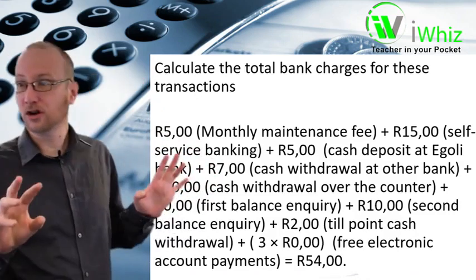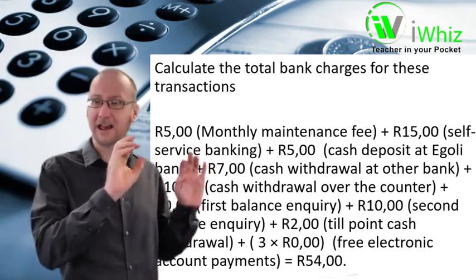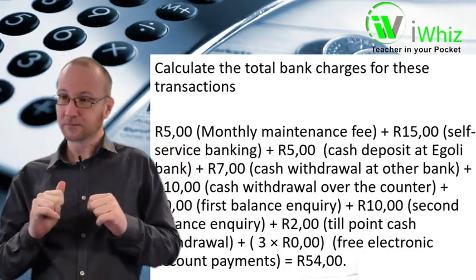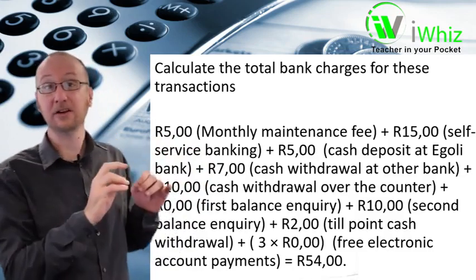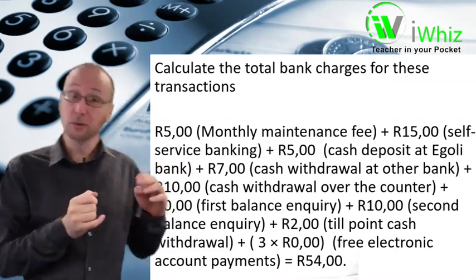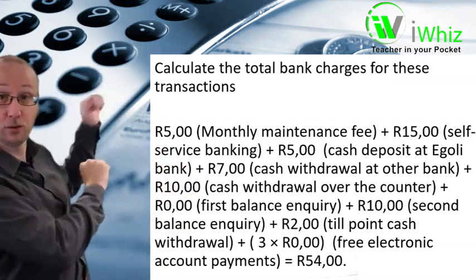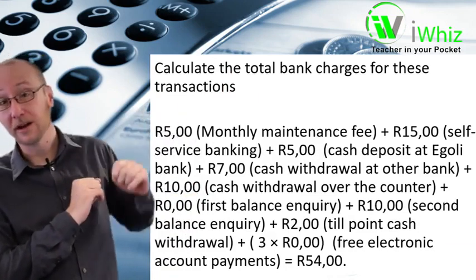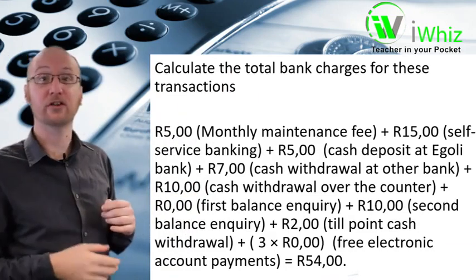He then is charged 5 Rand for a cash deposit at Egoli Bank. So we put that in there. And 7 Rand for the cash withdrawal at another bank. So you see what we're doing is we're taking the information given to us in the writing and we're getting the amounts from the list of transaction fees.